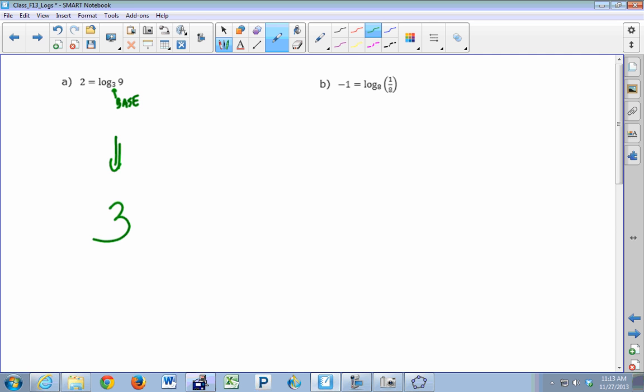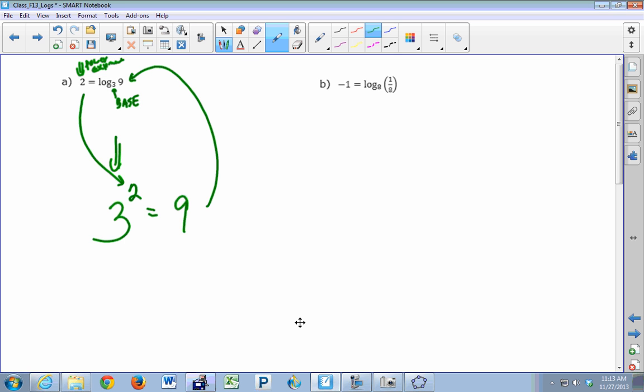The answer to the log is an exponent. It's just the power. So here's your power or exponent, that you raise 3 to. So I raised 3 to the second, and now I'm right back to 9, which is my input.